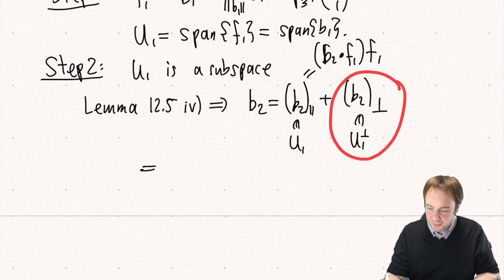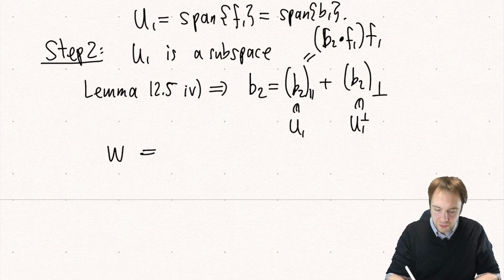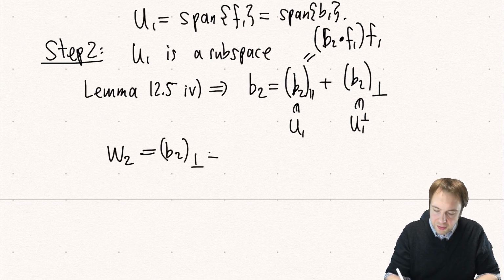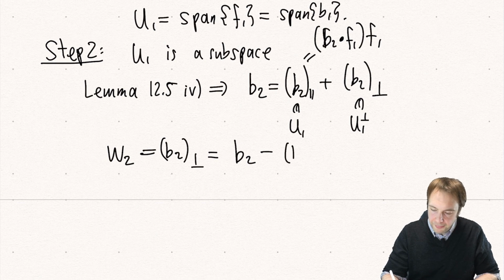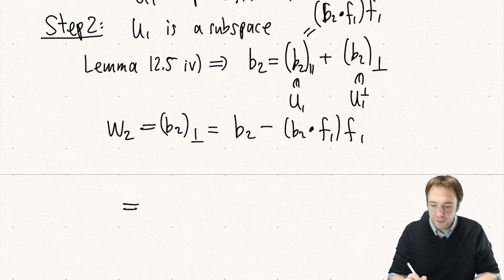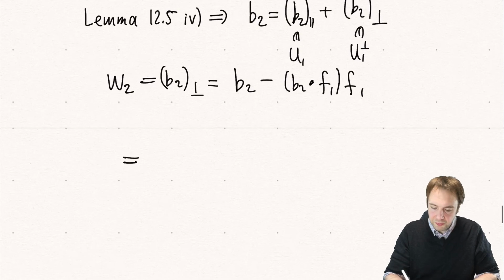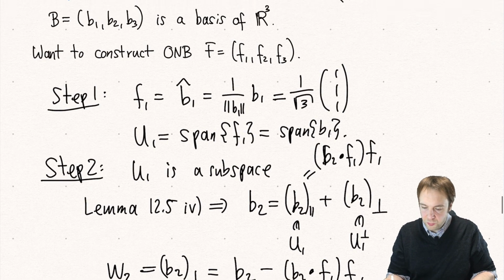So what we want is this orthogonal vector, which we will call W2. This will be B2 minus the parallel part, B2 dot product F1, F1. So what is B2? B2 is 1, 0, 2, minus, what is the dot product of B2 with F1?